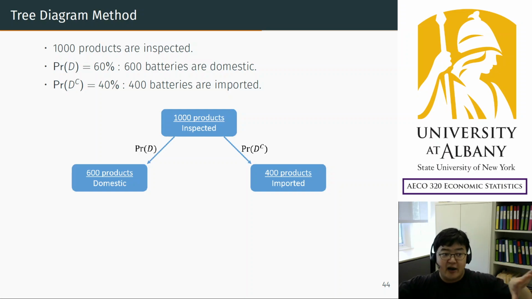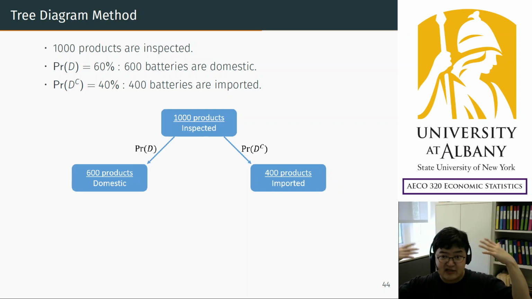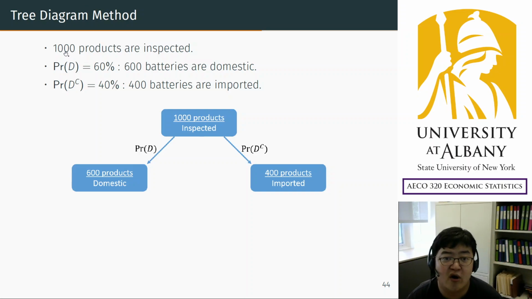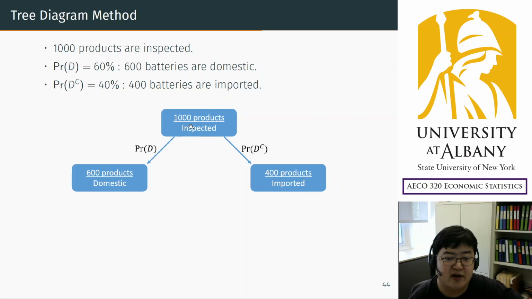So classify the 1,000 batteries into two piles. One pile has 600 domestic batteries, and the other pile has 400 imported batteries, right? Of course, everything is in our imagination. So 1,000 products are classified into two piles.